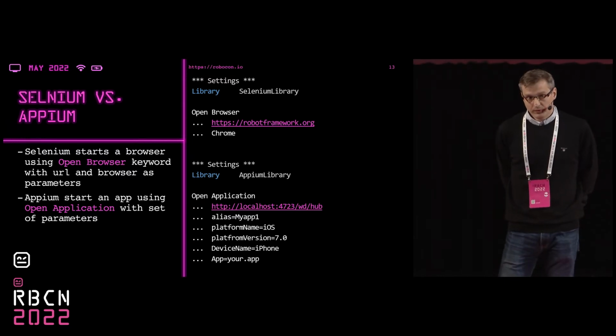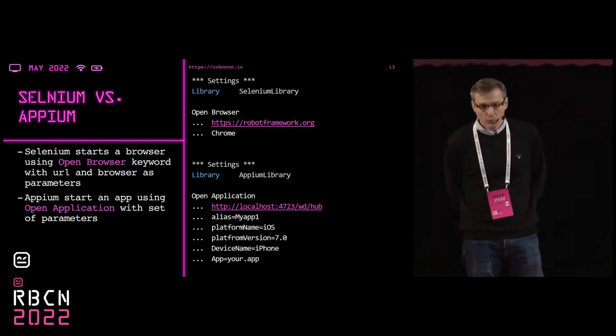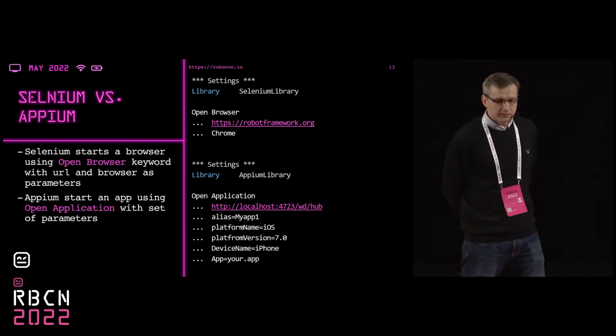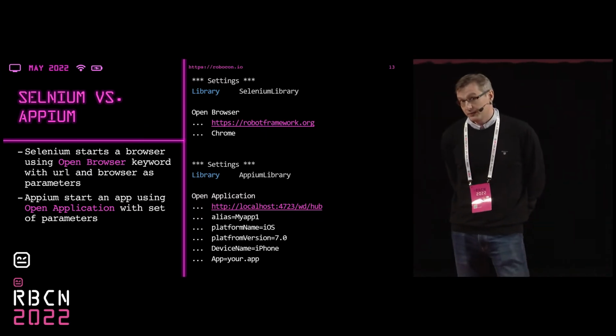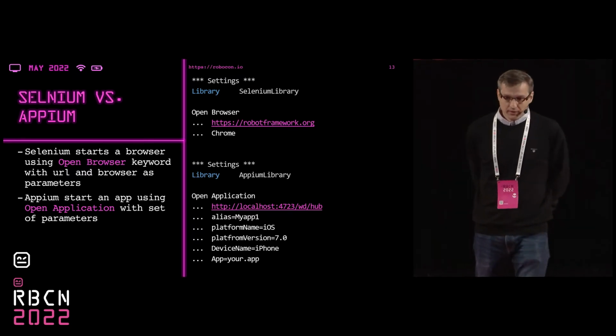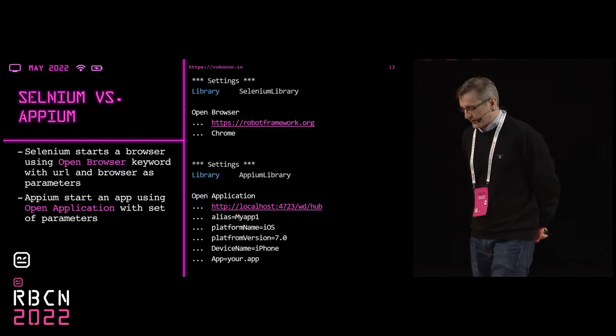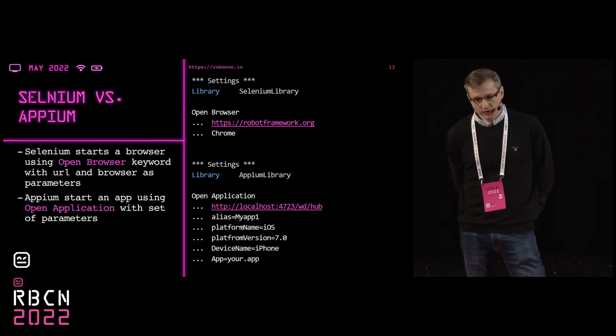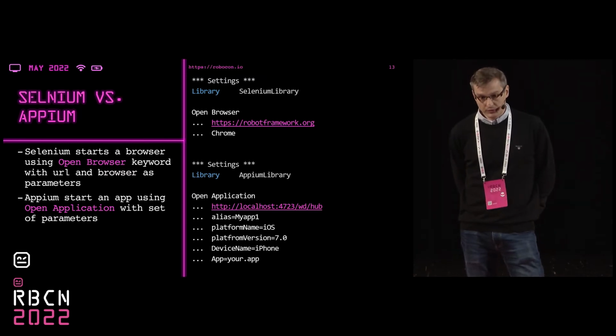On the app, you have an open application keyword, which is a similar thing to open browser, but it installs the app on the phone, opens it, and then executes the test there. And everything that is executed afterwards will talk to the Appium server.